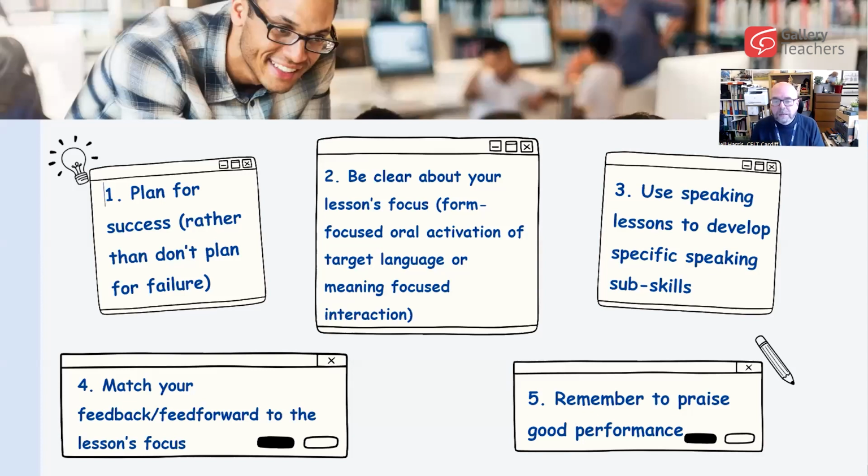Be clear, are you focusing on language feedback, a form-focused oral activation, or is this a communicative task with a meaning-focused interaction? Your speaking lessons should be, I would suggest, in your speaking segments, an element of both, not just the target language, form-focused speaking activity, but actually developing the speaking skill itself.